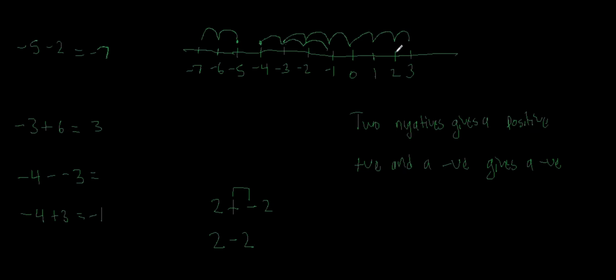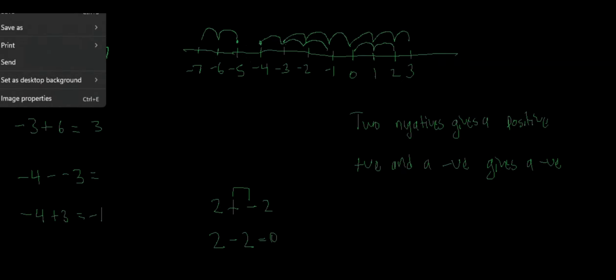If I'm at 2 and I'm taking away 2, one of the rules says you move to the left when you're taking away. So one space, two spaces, I would get 0. Now if you do this in your head, you would expect 0, but when we are introducing negative numbers, it's useful to think in terms of the number line.